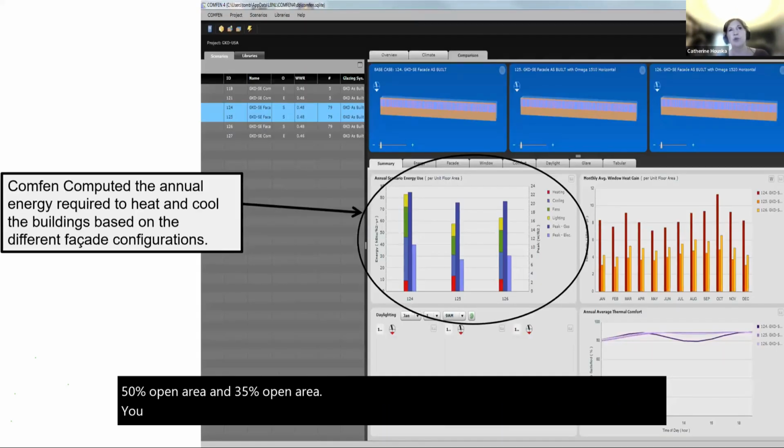You can put in a number of basic variables like this and then calculate the heating and cooling costs, and you can see some of the graphics that are provided in the analysis.